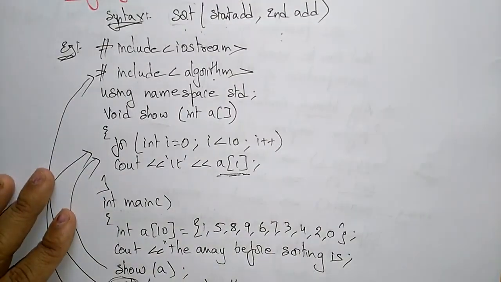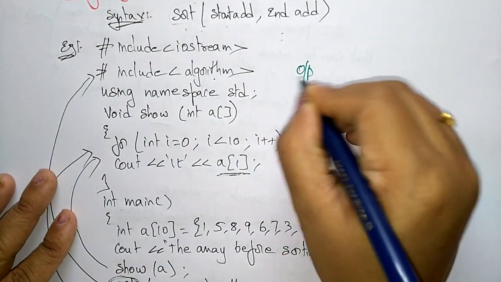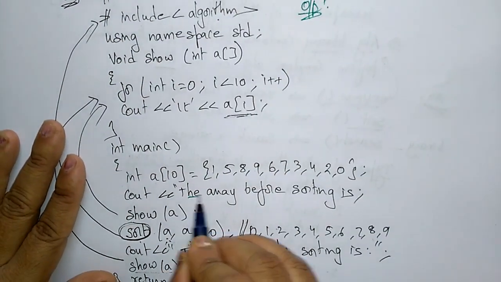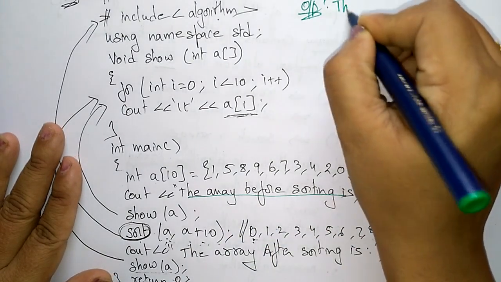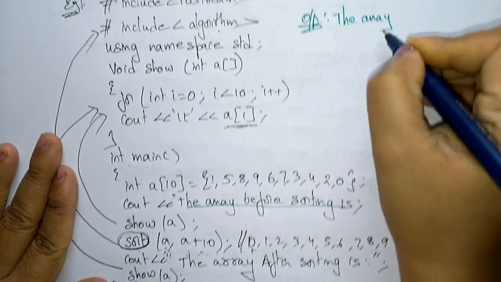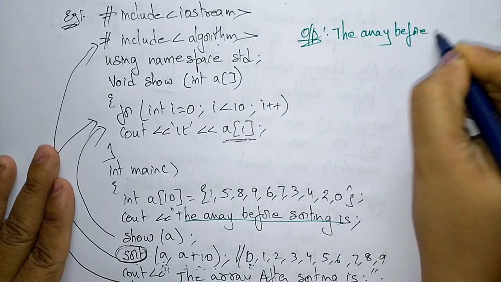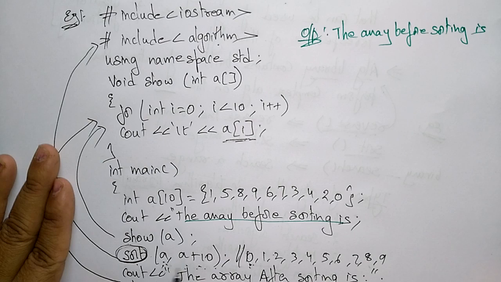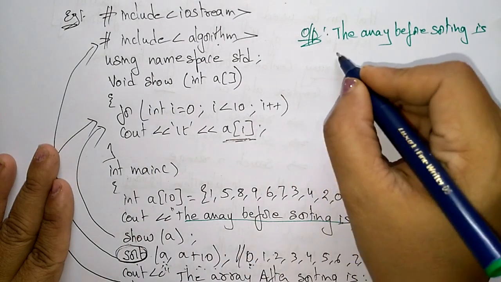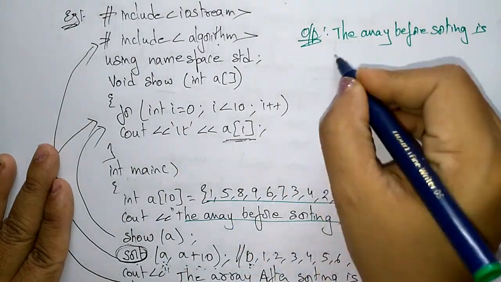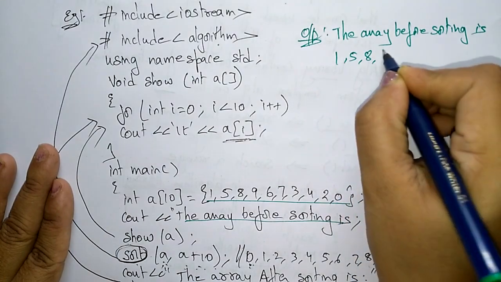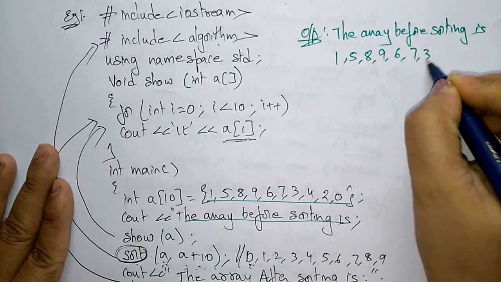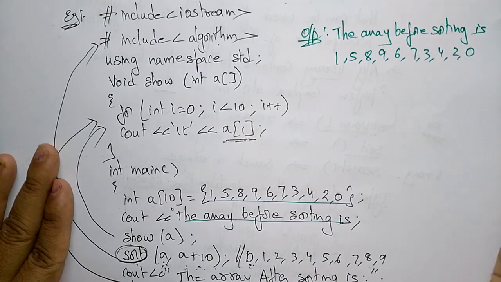So the output for this program is, first, the array before sorting. That will be printed on screen. The array before sorting is just the unsorted elements: 1, 5, 8, 9, 6, 7, 3, 4, 2, 0.